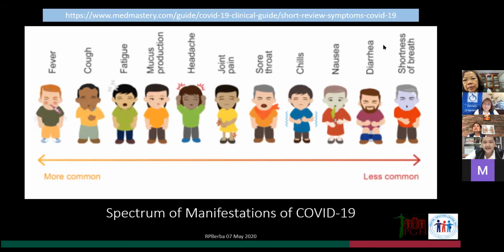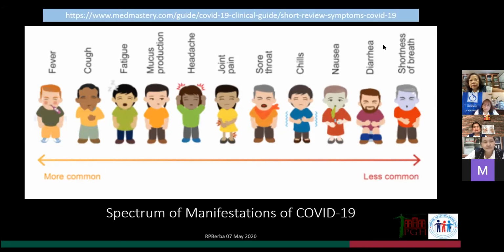Wag na natin hintayin. Some patients, they wait for shortness of breath, no? Yung hihingalin sila. Remember, these are less common. Medyo on the severe side na nga kung hihintayin nyo na mahirapan kayo huminga. So pagka may kakaiba, fever, cough, fatigue, some amount of mucus production, hindi enough.